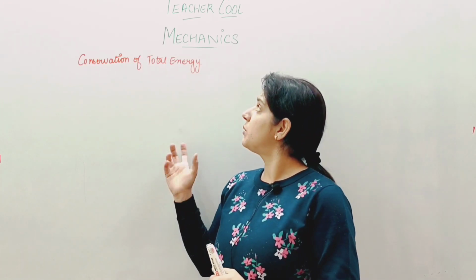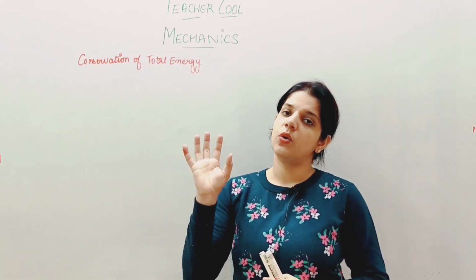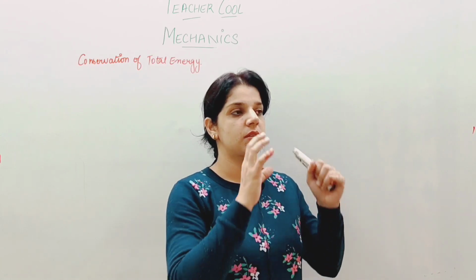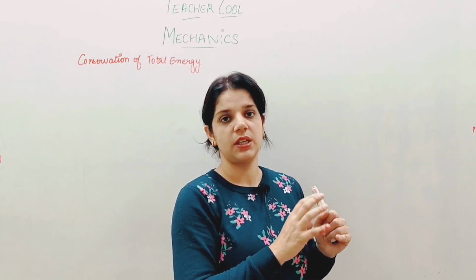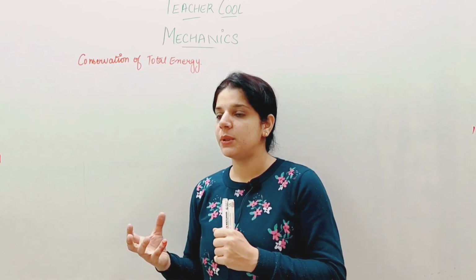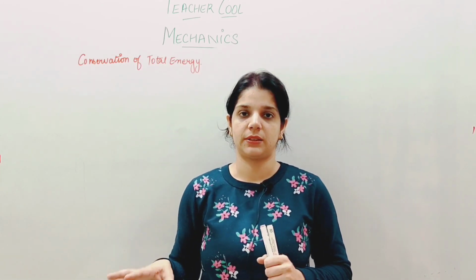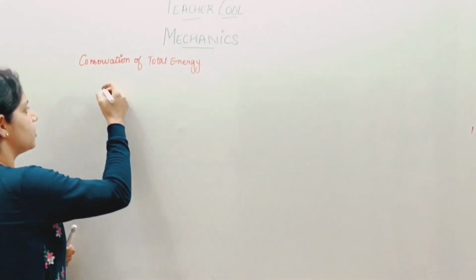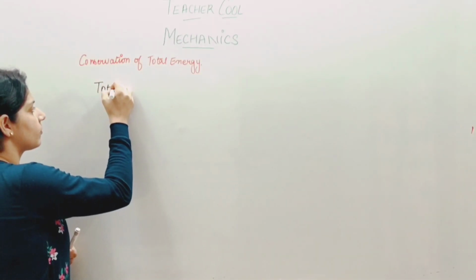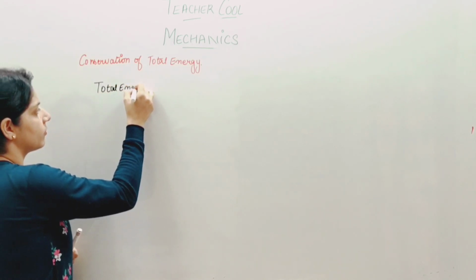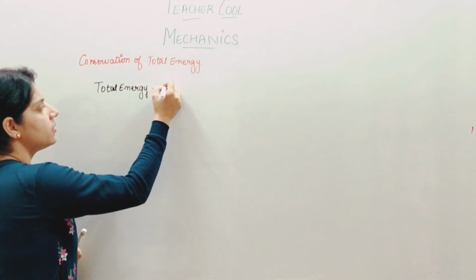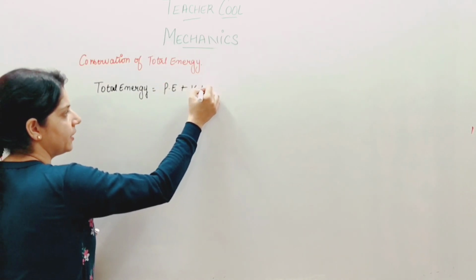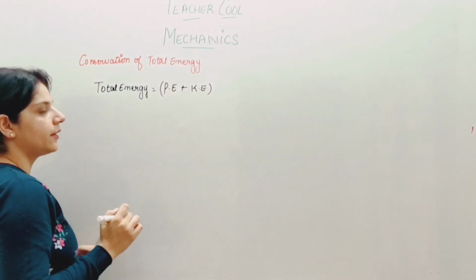But while we are dealing with mechanics of a particle, we are only dealing with the dynamics and the statics. Statics means एक पोजीशन के ऊपर जो उसकी वैल्यूज हैं या उसके ऊपर जो इम्पैक्ट्स हैं, and dynamics means जो भी उसके अंडर मोशन के ऊपर इम्पैक्ट्स हैं. So in this case, therefore, our total energy will be the sum of potential energy plus kinetic energy, right?